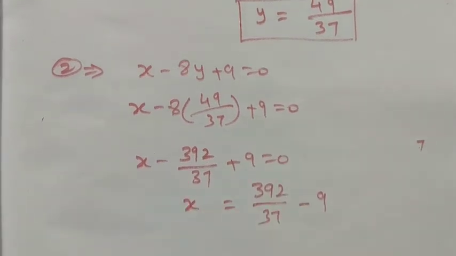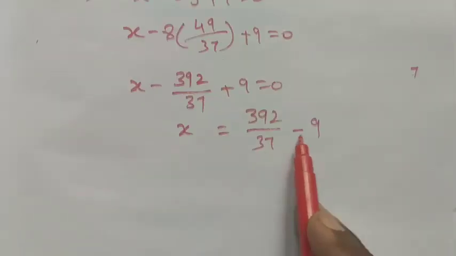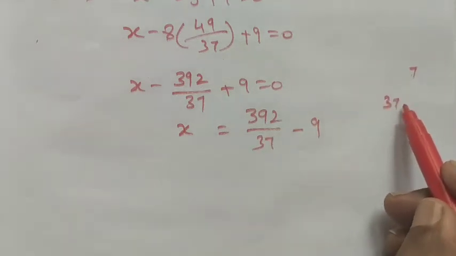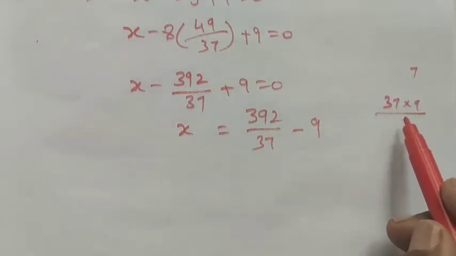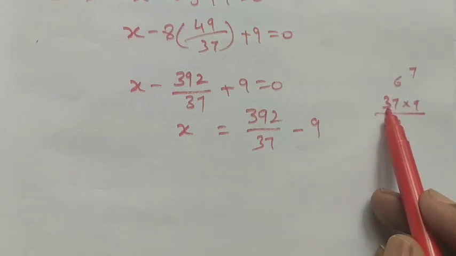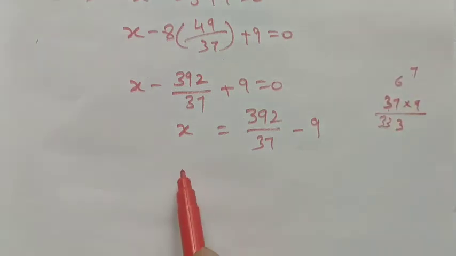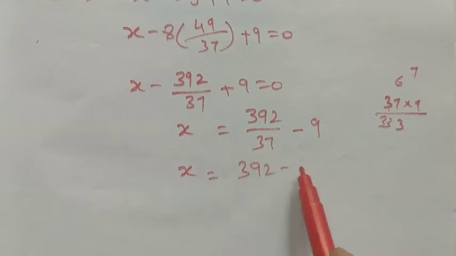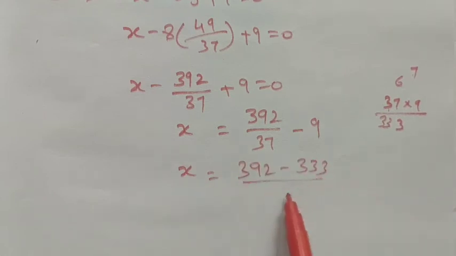Next we want to find the value of x. So taking the LCM here, 37 into 9, 9 7s are 63, 6 remainder, 9 3s are 27 and then 33. Then x is equal to 392 minus 333 divided by 37. The denominator stays 37.